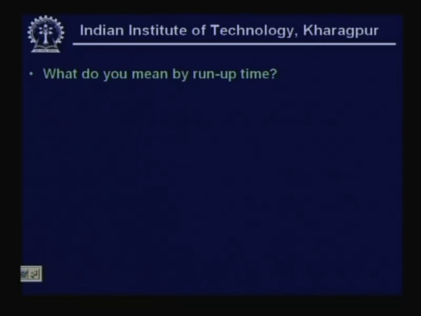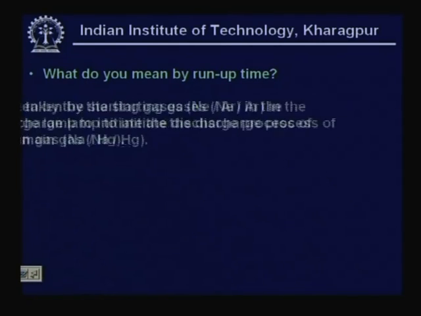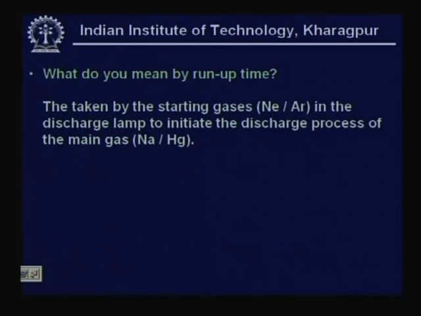What do you mean by run up time? We have come across this run up time because after applying the voltage, there is a certain finite time for the discharge to take place and the arc to be established. The time taken for the starting gas in the discharge lamp to initiate discharge process and transfer to the main gas, this is what we call run up time.